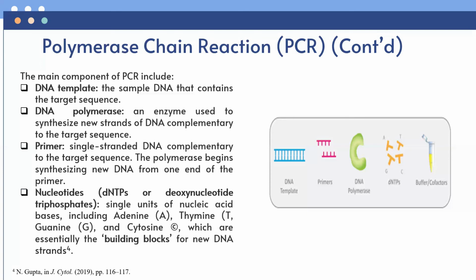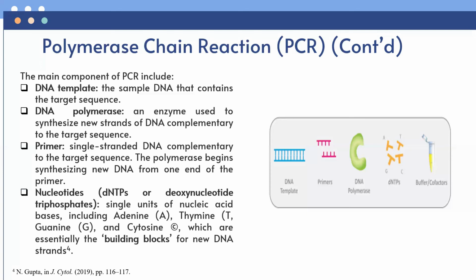These enzymes are resistant to high temperature such that they function stably during the PCR cycle that ranges from 50 to 95 degrees Celsius.